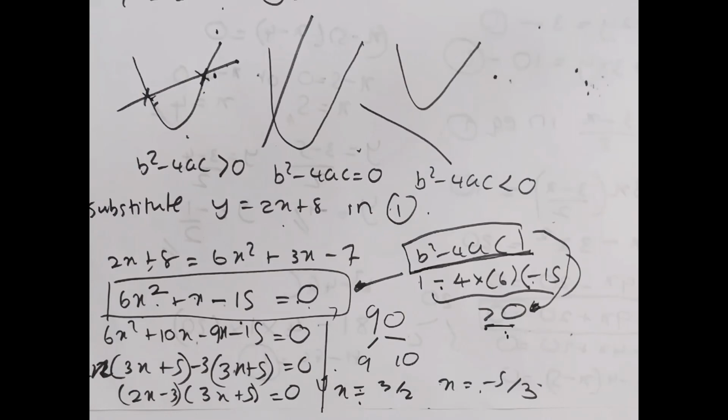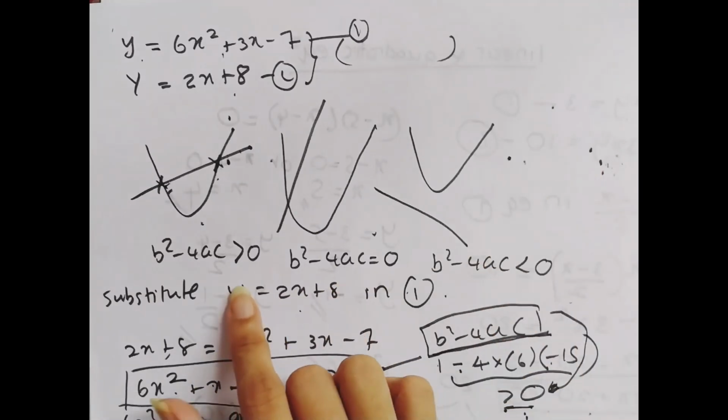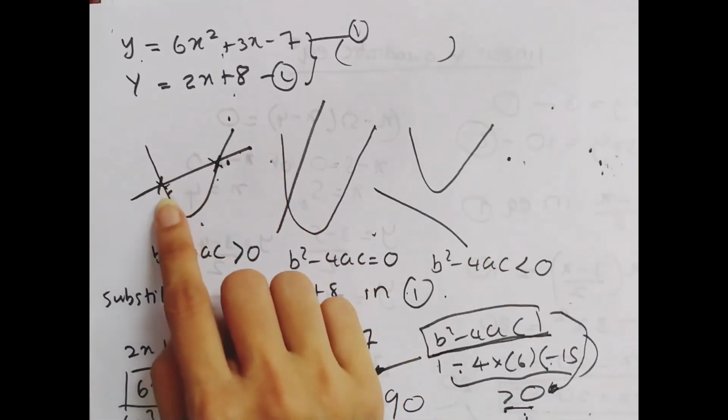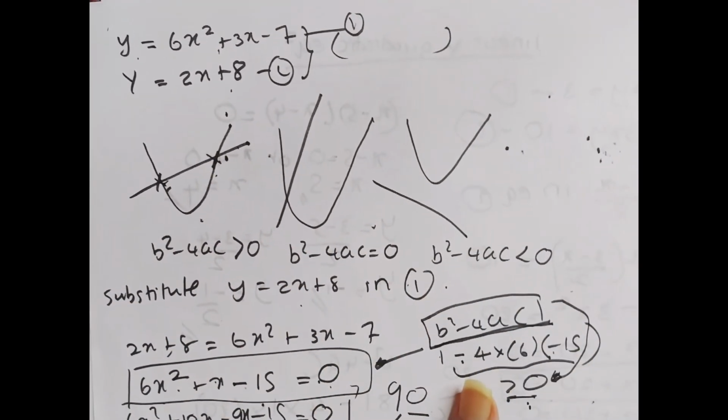Okay, so this is about how you solve the quadratic with the linear and some application of it. So if you want to find how many intersection points there are, you can use this method as well.